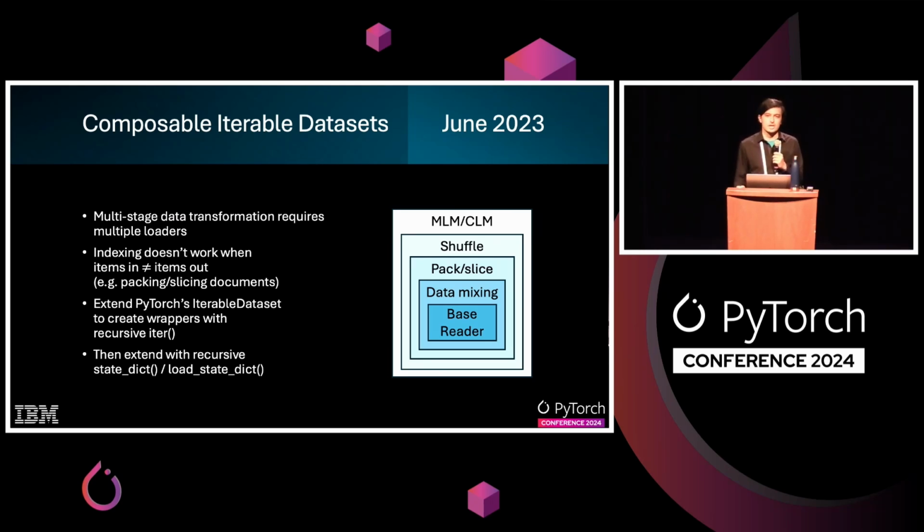Once you have your collection of documents, we need to pack and slice them together to create training sequences of constant length. So that means fusing short documents together into a single sequence, taking long documents and slicing them apart into multiple sequences, and handling fractional documents at the boundaries. So obviously you can see how the document indexing scheme completely falls apart here.